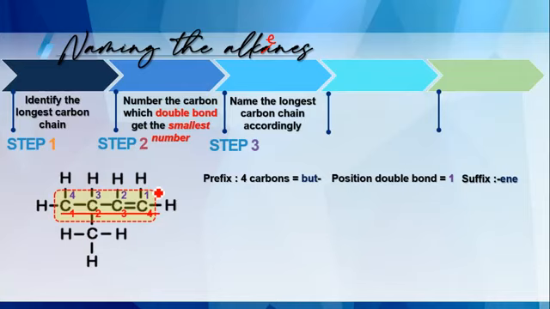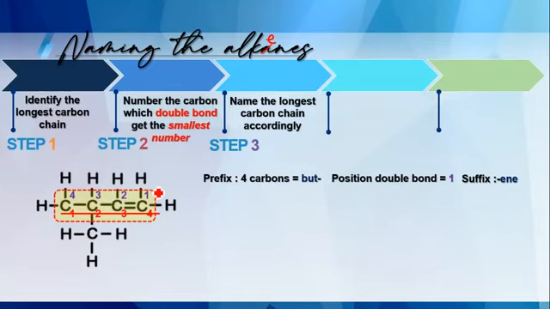However, there's one more thing. There's a slight difference from alkane. Here we also need to include the position of the triple bond. So it's going to be easier later on if you want to draw. The position of the triple bond here, you can see that it is attached to carbon number 1.